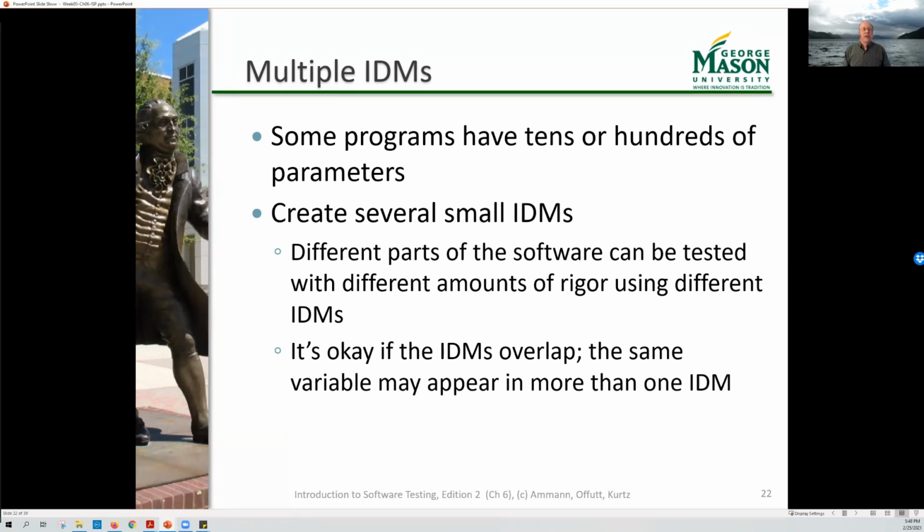I'm going to create an input domain model that contains all of the possible data for a physician and all of the possible data for a patient and all of the possible data for a hospital and all of the possible data for every drug. That seems impractical. So I might break that up into smaller input domain models so that I can test things piecewise. And that will just be a more manageable way to approach my testing problem.